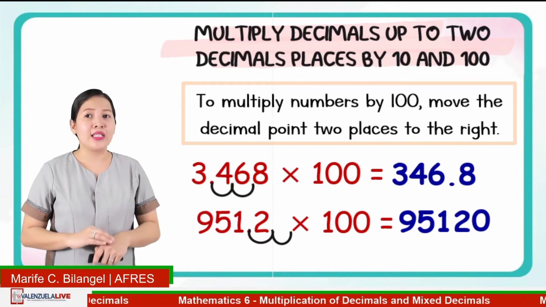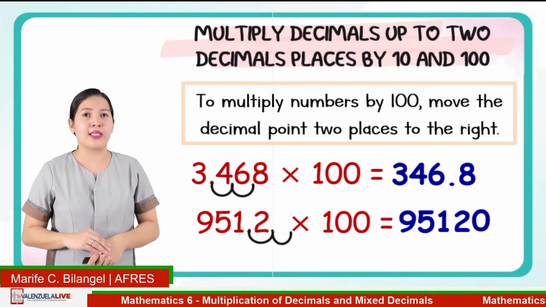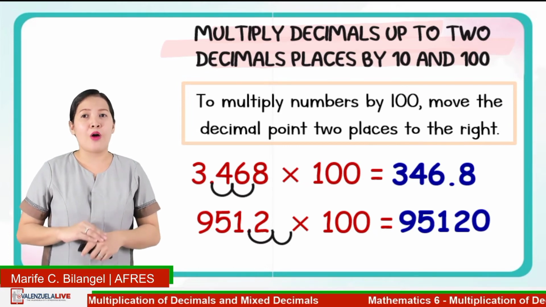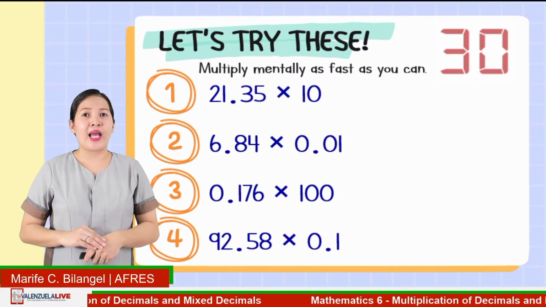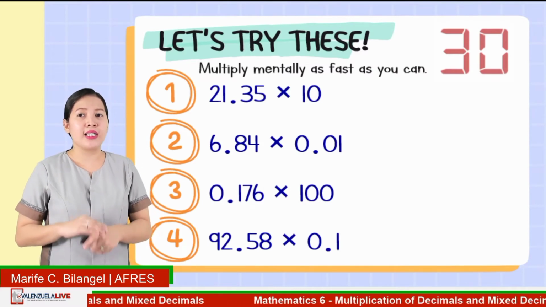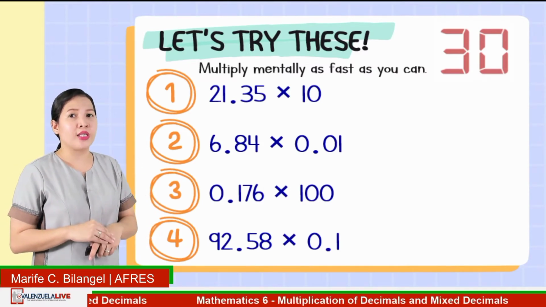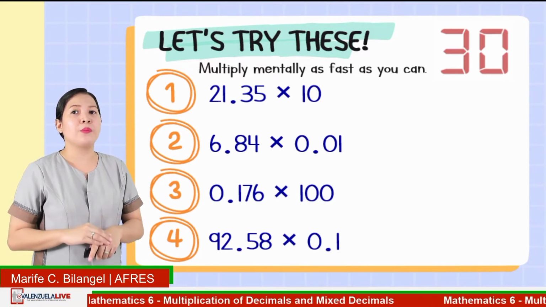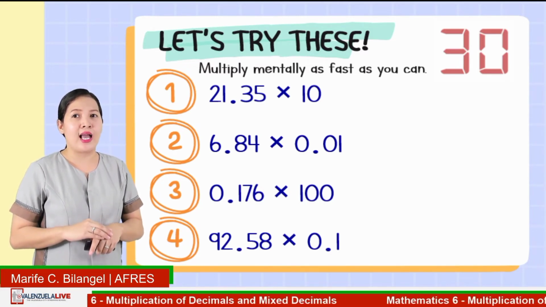Now, you already know how to multiply decimals up to 2 decimal places by powers of 10. Let's try these activities. By this time, you are given 30 seconds to answer this problem and multiply it mentally as fast as you can.